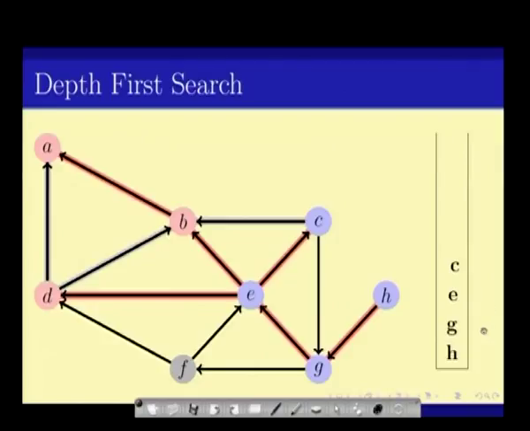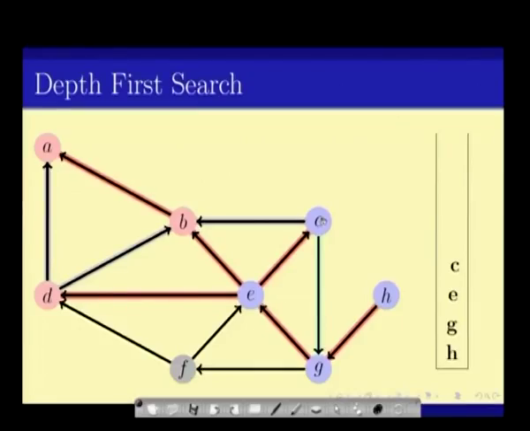It has one more edge, and that is this edge to G. Now, the edge CG is very different from the edge CB. Why is it so? The reason is that this edge CB is an edge to a red vertex, whereas this edge CG is an edge from a blue vertex to a blue vertex.